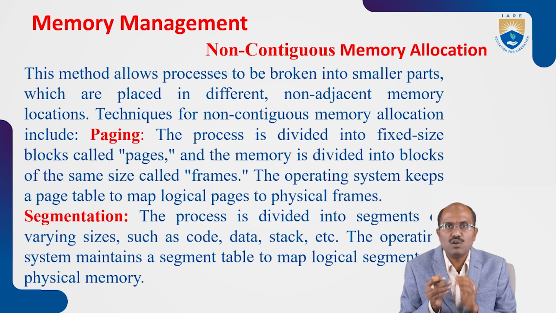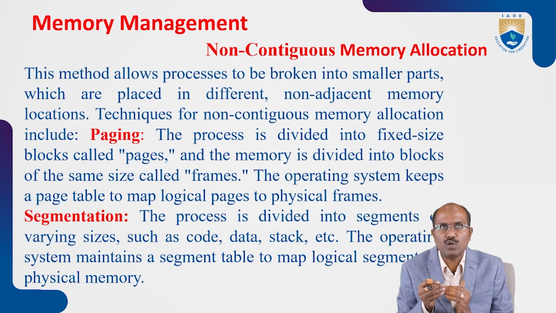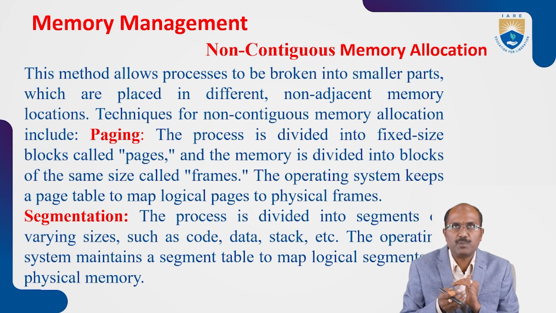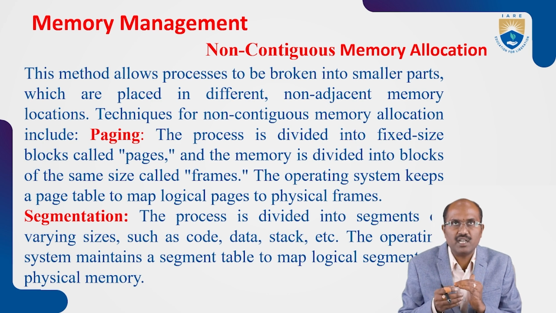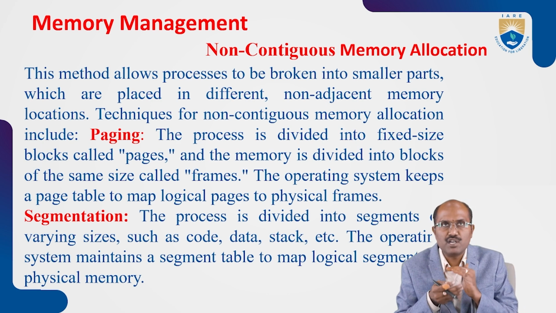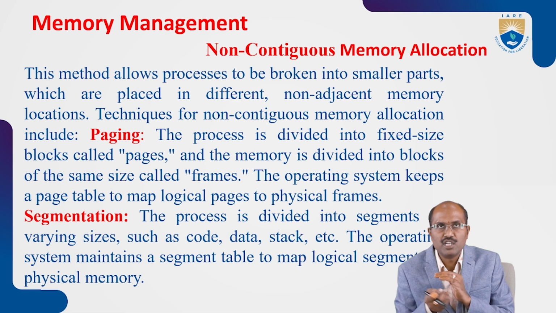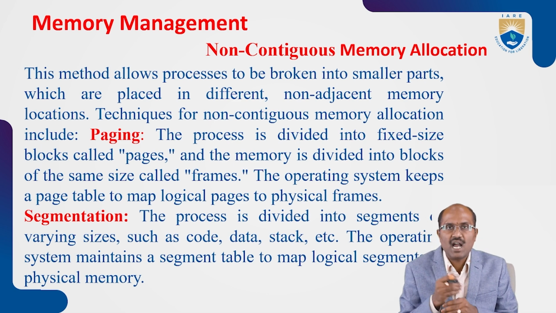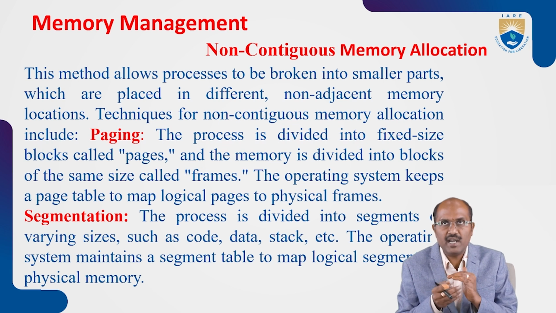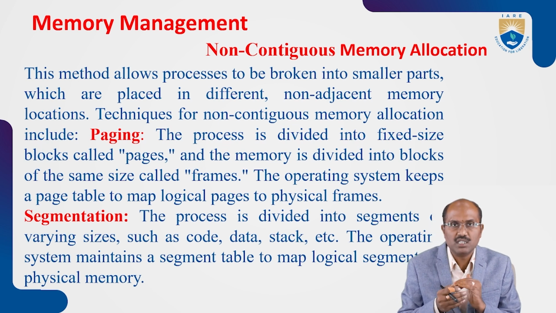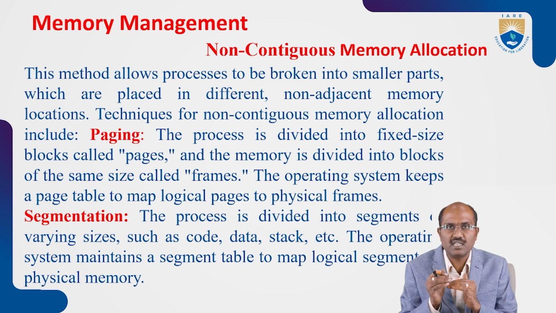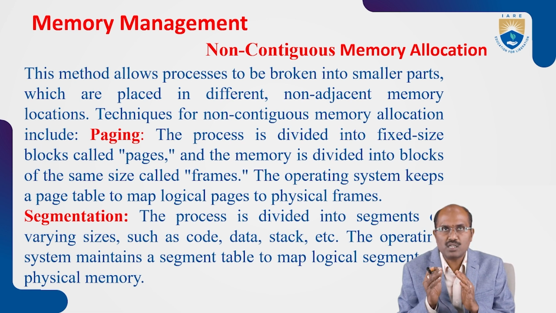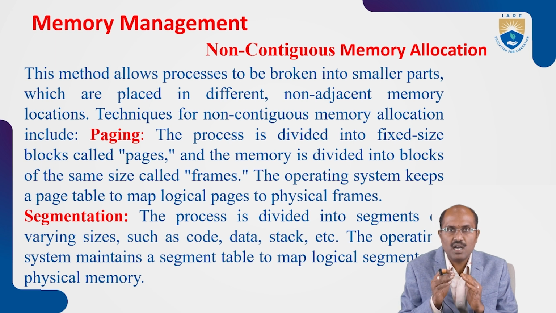This method allows a process to be broken into small parts which are placed in different, non-adjacent memory locations. This technique is called non-contiguous memory allocation, and it includes paging and segmentation. Paging means the process is divided into fixed-size blocks called pages, and memory is divided into blocks of the same size called frames.